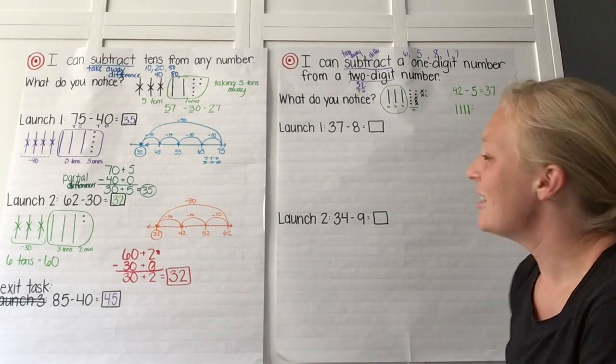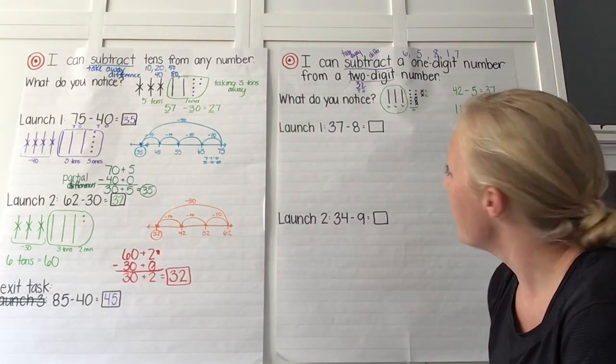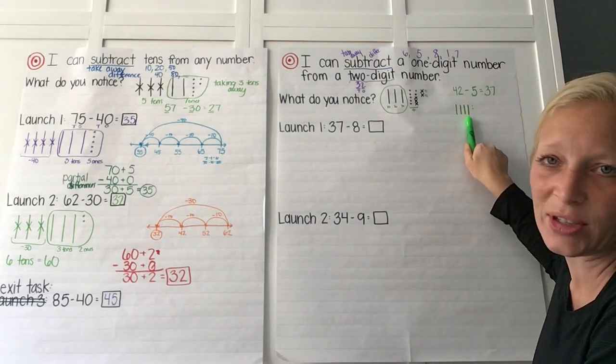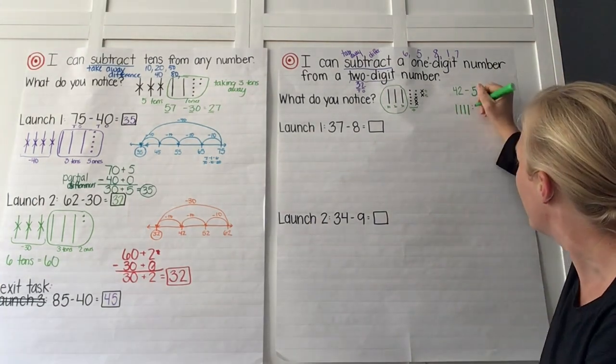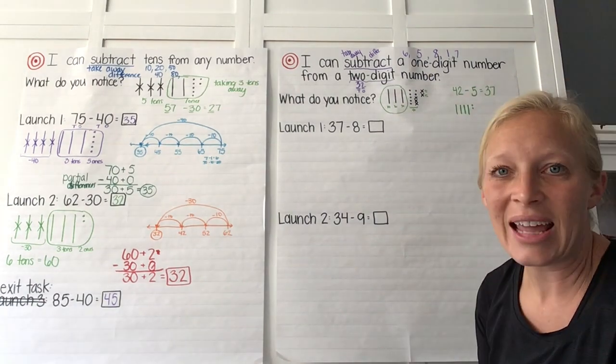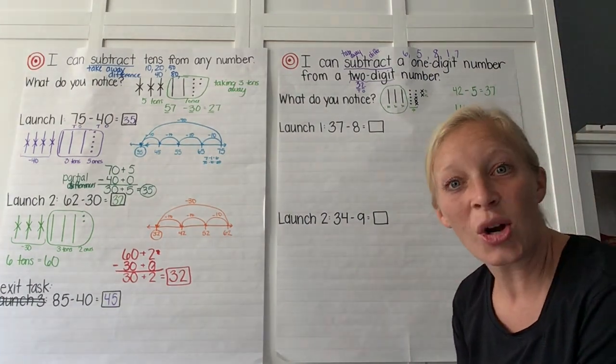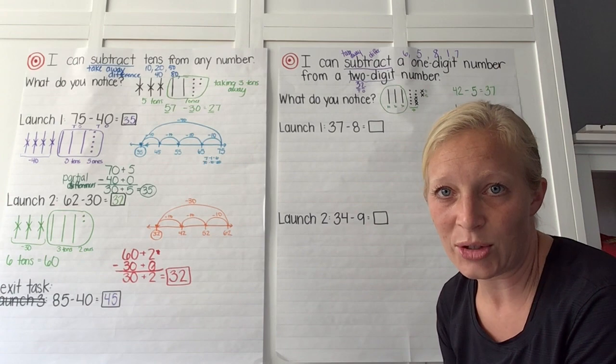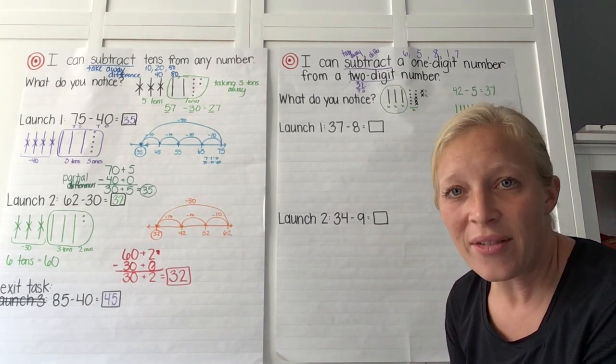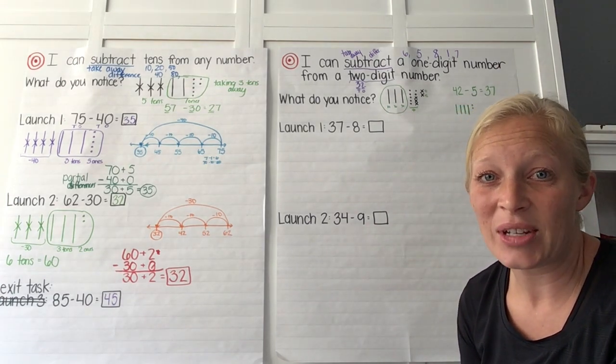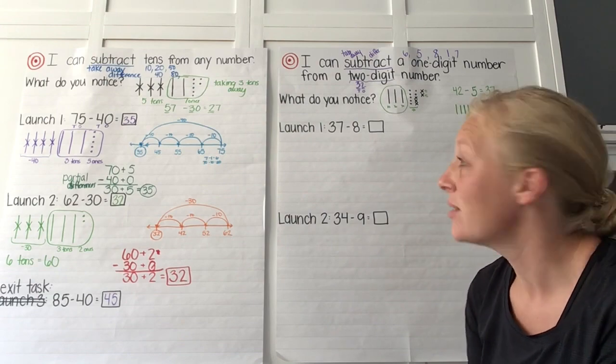Oh, I needed to take away 5 ones, but how many ones would I have had if I was looking at this model? I would only have 2. I don't have enough ones, do I? When I don't have enough ones, what did I do to help me get enough ones?